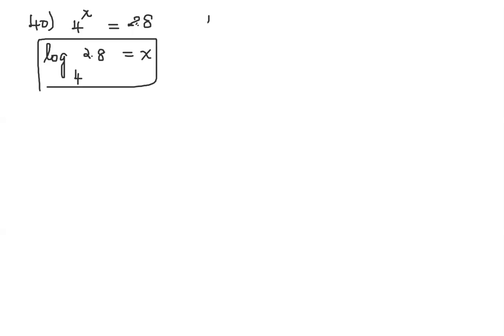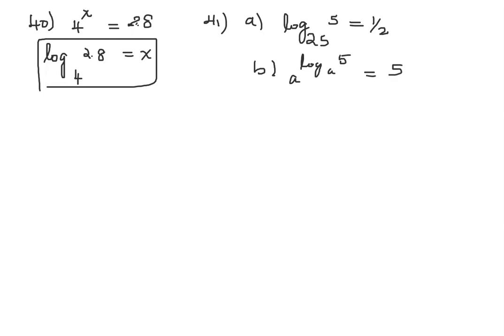And then number 41, we're going to simplify. Log with base 25 of 5 is going to be 1/2. And b is a to the power log base a of 5, it's going to be just 5 because they get cancelled.